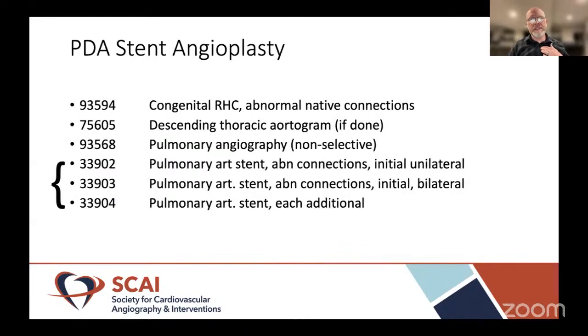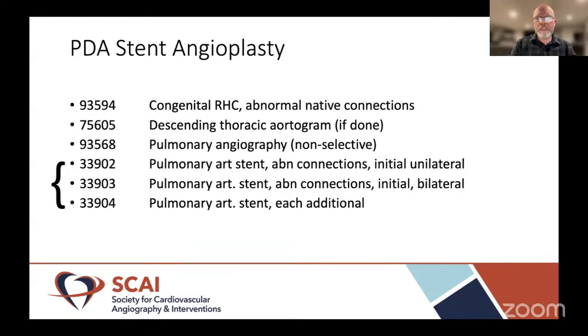For PDA stent angioplasty, this one gets a little hard for some people to think about. If you access the artery, go up to the PDA, and then access the pulmonary arteries, you are accessing right heart structures. If that's all you do, going across the PDA to stent it for pulmonary blood flow, you are performing a congenital right heart cath via abnormal native connections.